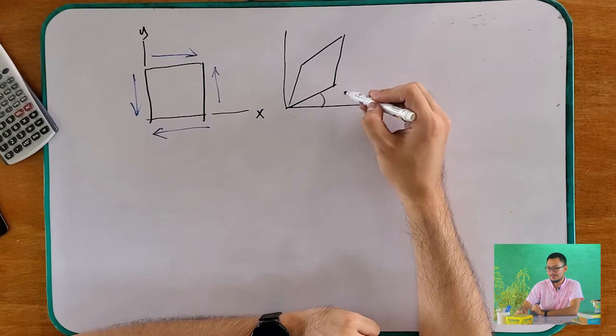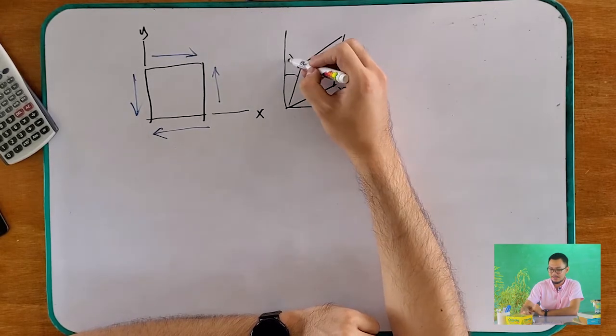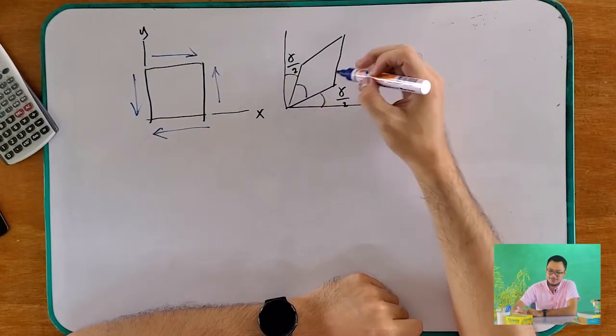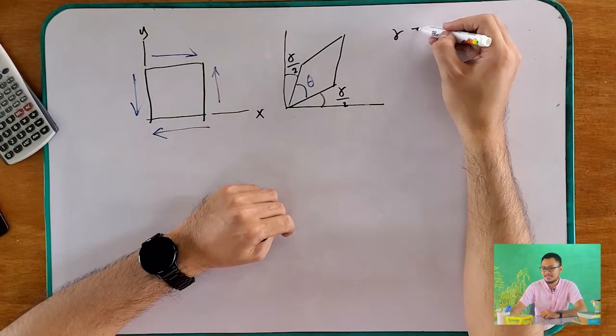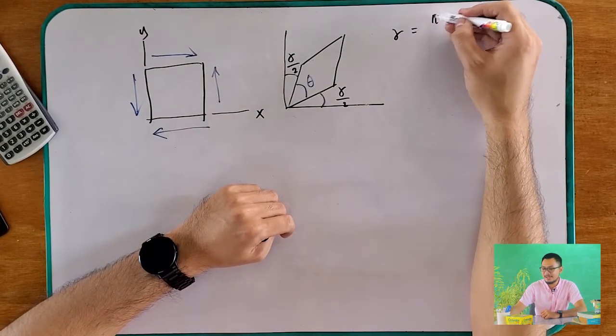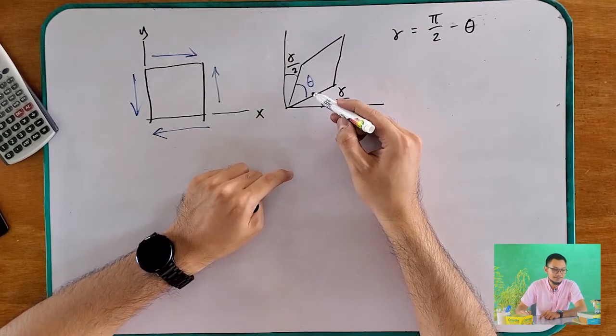And this is your gamma over 2 and your gamma over 2. If you add these two, you will get your gamma. As you can remember, this is your theta. Another way to get your gamma is that gamma is the difference of pi over 2 minus your theta, which is this one.